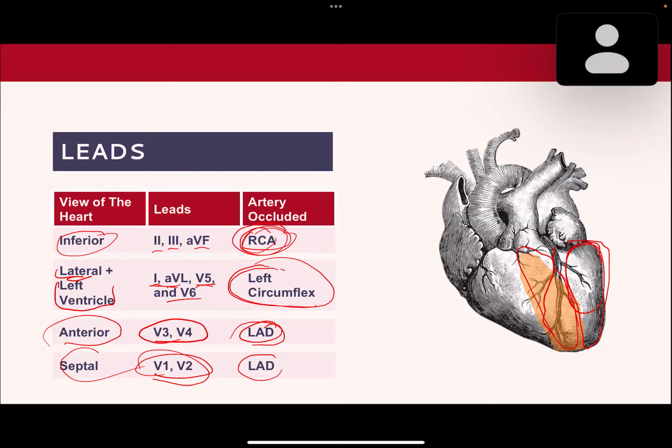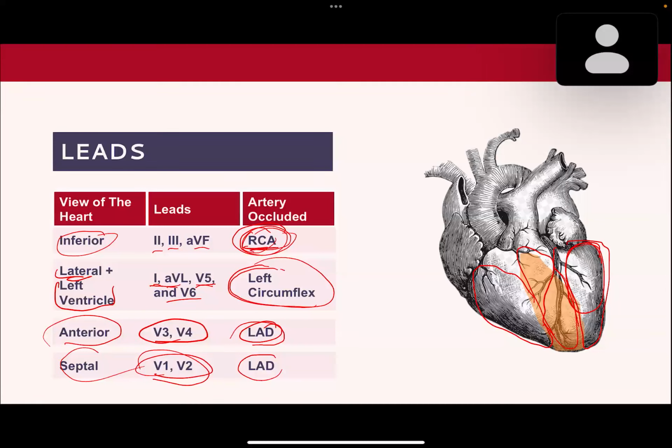Is it the left coronary or the right coronary? Right. Exactly. Why? Because it's on the right side. We're talking about the right ventricle. So what gives blood supply to this right ventricle? That would be the artery that's on the right side because it's closer to it. So that would be your right coronary artery. The inferior side is right coronary artery.